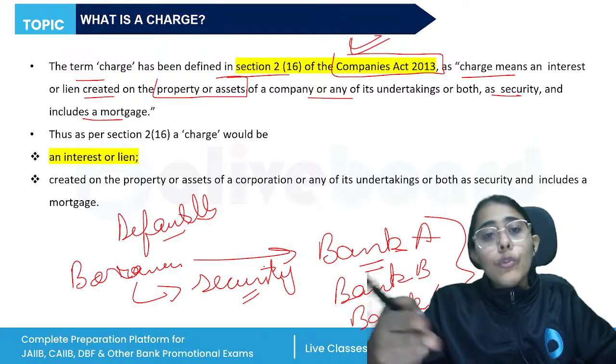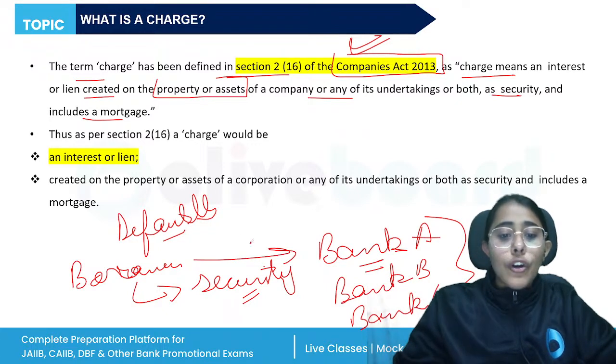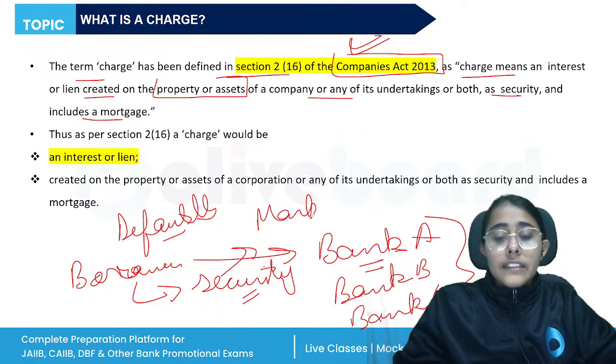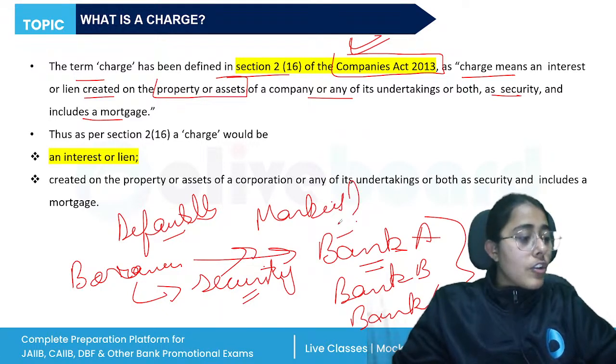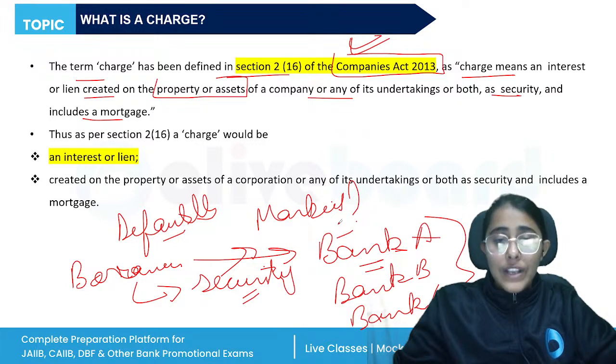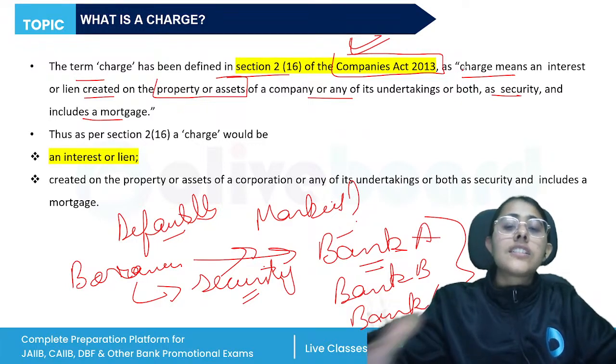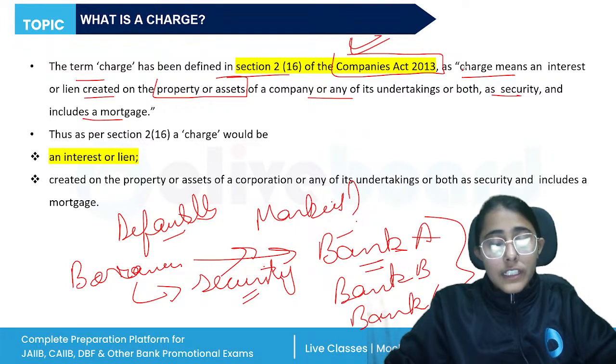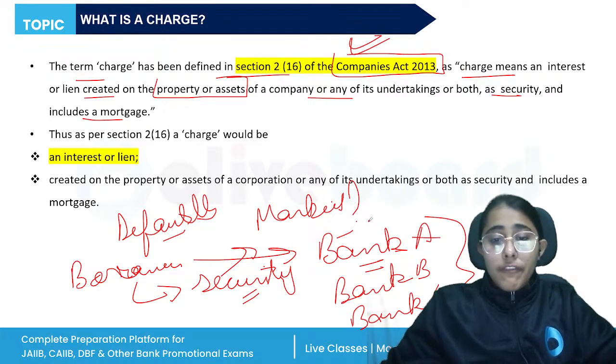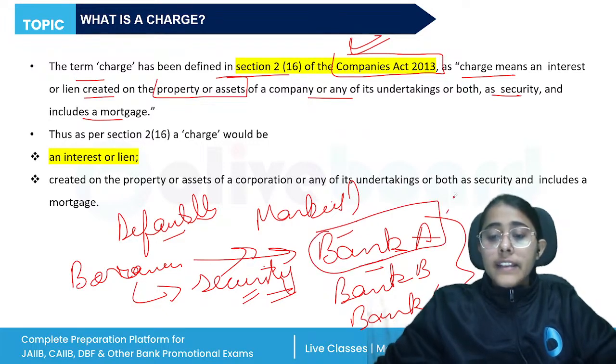Now who will be repaid when the security is brought to the market? This question might arise. So to solve this situation, the concept of charge and getting it registered was created. It doesn't matter when, but whenever the security is taken for the loan given by the bank, they have to get it registered.